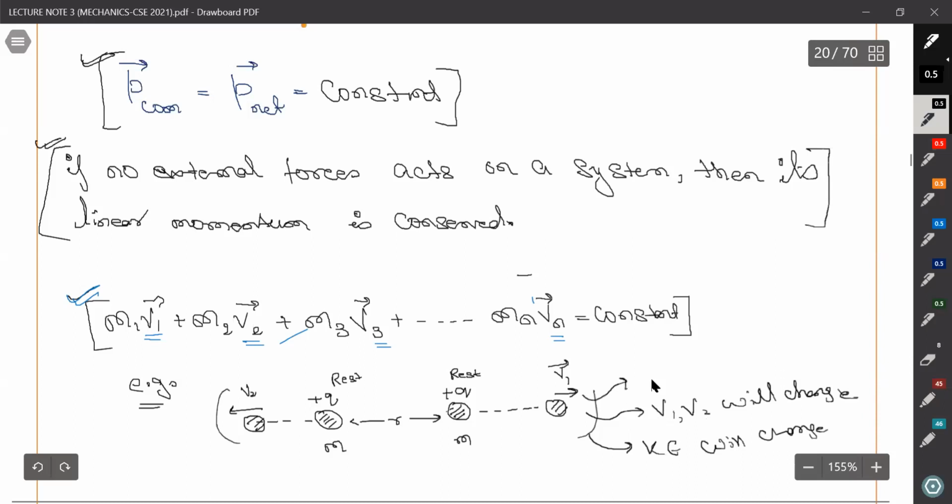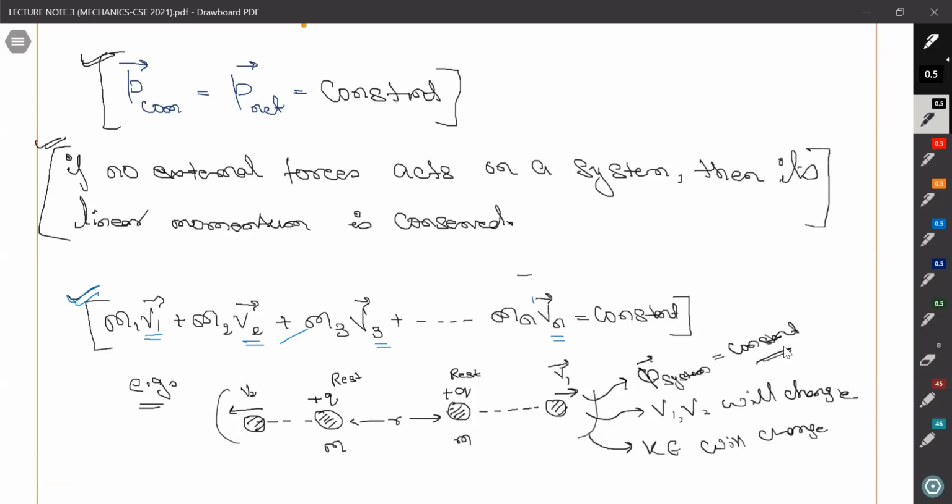But one thing we can say: momentum of the system, or you can say center of mass, will remain what? Constant. Will remain always constant, no matter whatever the speed they acquire.